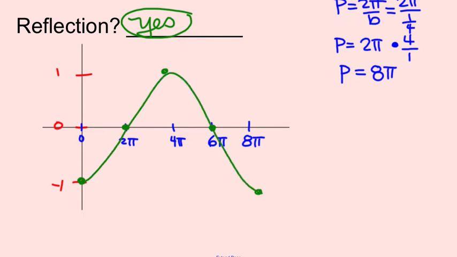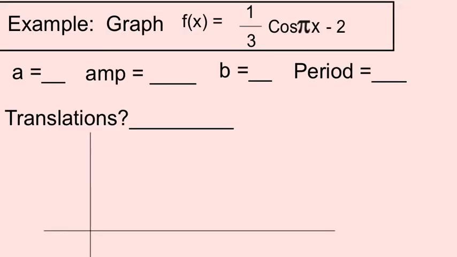And there is one revolution for this graph. If we wanted to continue, we would just continue adding another 8 pi, split up into 4 equal parts, and continue that same pattern. Let's do a second example, a little bit more challenging.